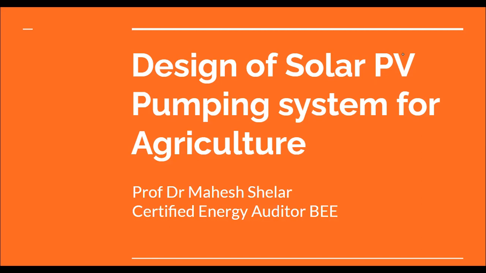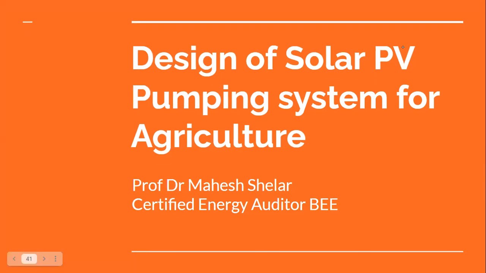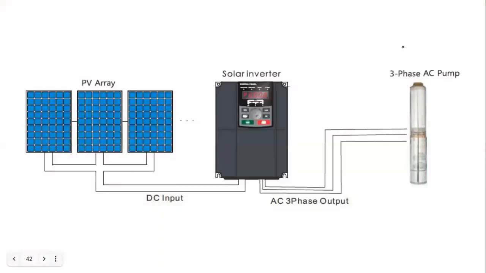Okay. So let me just explain in brief what exactly is the system we are talking about. We are talking about sizing or design of a PV array, photovoltaic array, which would generate the direct current which would go into a solar inverter, convert itself to an alternating current and help us drive a pump.